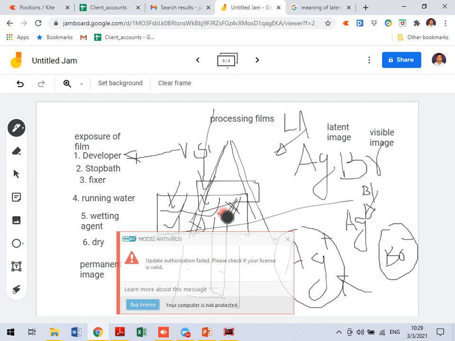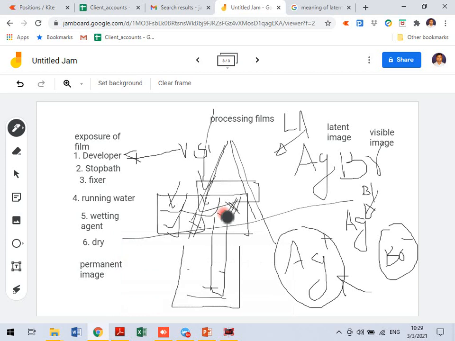In fixer, the unexposed silver bromide is taken. Not exposed silver bromide. If exposed, silver bromide, radiation comes, silver is here, bromide. Now develop, the bromine goes, silver is there, black. The unexposed is removed in fixer. Got it?